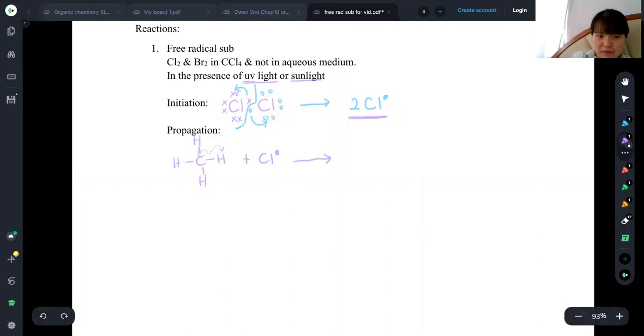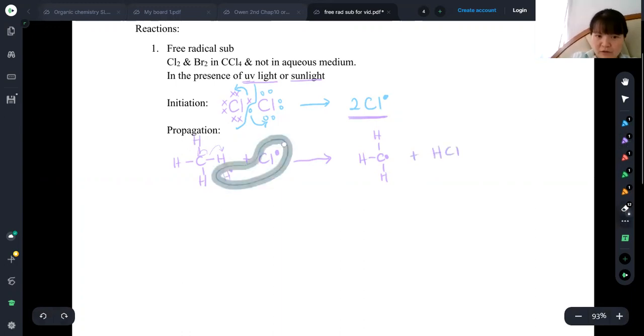So imagine this bond breaks and that becomes a CH3 dot. And so this is sort of like a H dot then. So I can merge it with this to form HCl. So if you look to the left side of the equation, there's 1 radical and 1 not a radical. And to the right side of the equation, also 1 is a radical and 1 is not a radical.